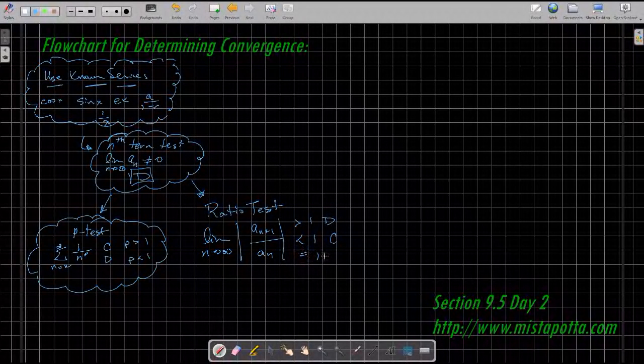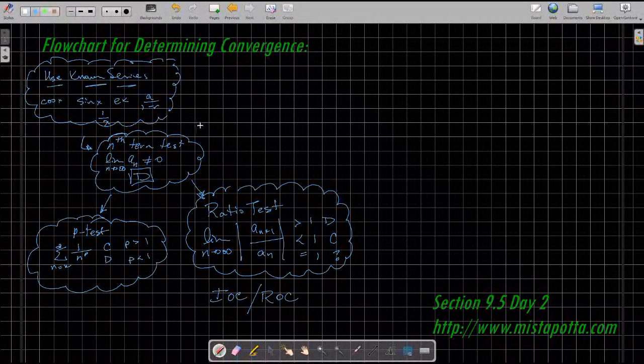And if it's equal to 1, then it's inconclusive. We have this ratio test, and it will tell us if we converge. But remember, the true purpose of this is to determine your intervals of convergence, or a radius of convergence. So that was really the true purpose of this ratio test.